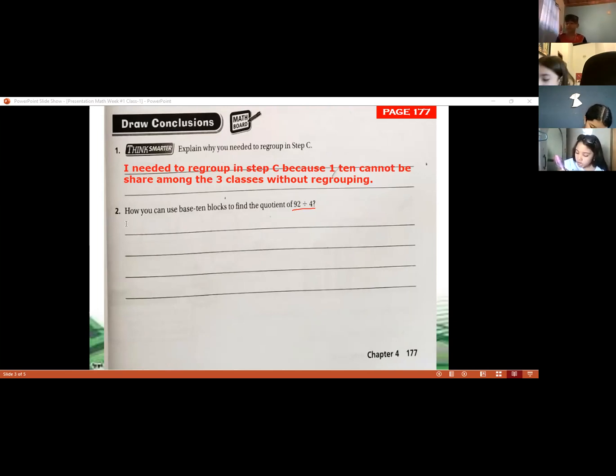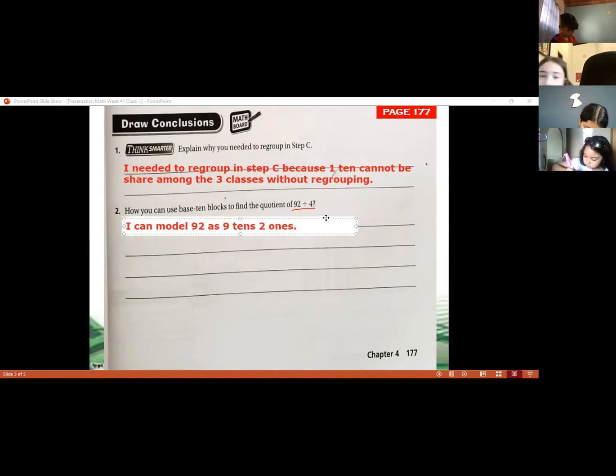So let's write this answer. We can model the 92 as 9 tenths. Remember that number 9 is in the tens according to the place value chart, and the 2 is in the ones. If we have another number, it can be in the hundreds, but in this case, we only have tens and ones.